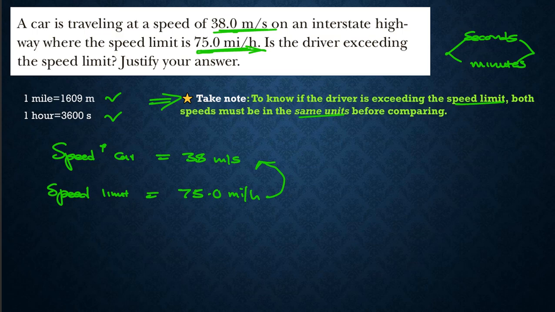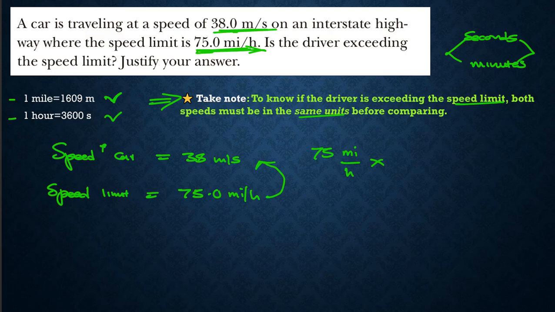So we are going to write this speed in the form of a fraction: 75 miles over hour. From dimensional analysis, we write this in such a way that the unit which we don't want may cancel.